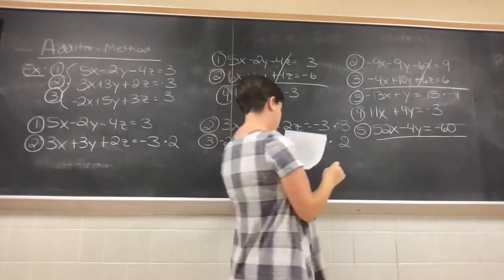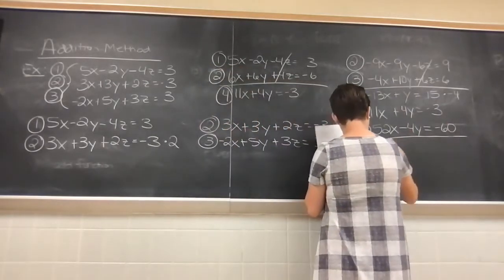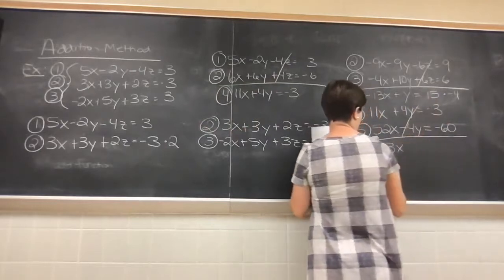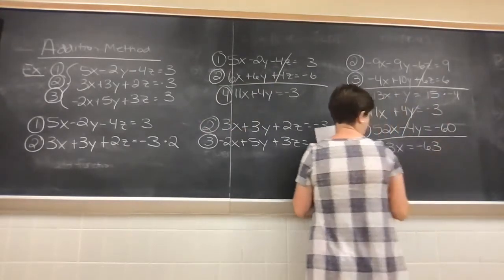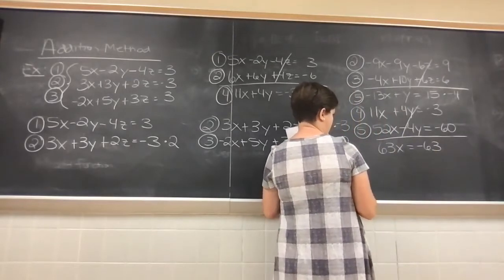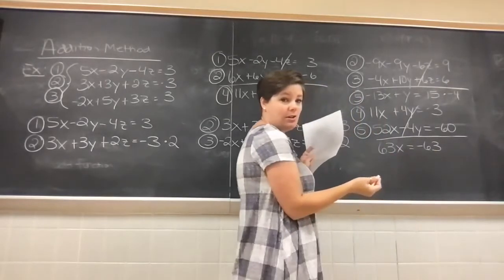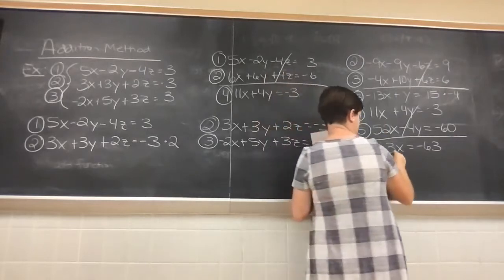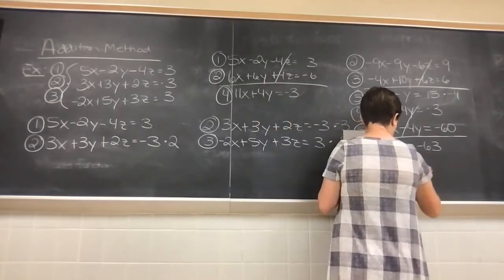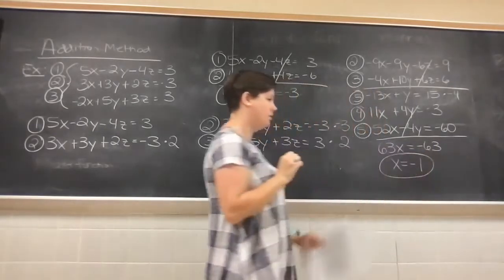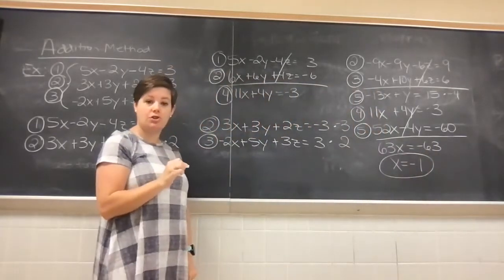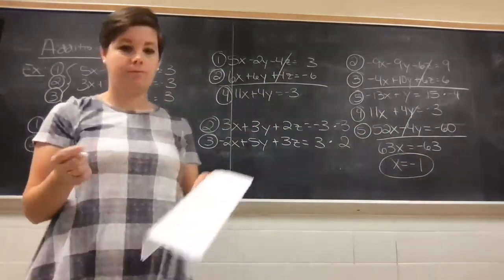So now I can add them. I get 63x, my y's go away, and I get minus 63. Now I can just solve for my x because it's all isolated all by itself. Divide both sides by 63, and I get x equals negative 1. And right there is the first term of my ordered triple.